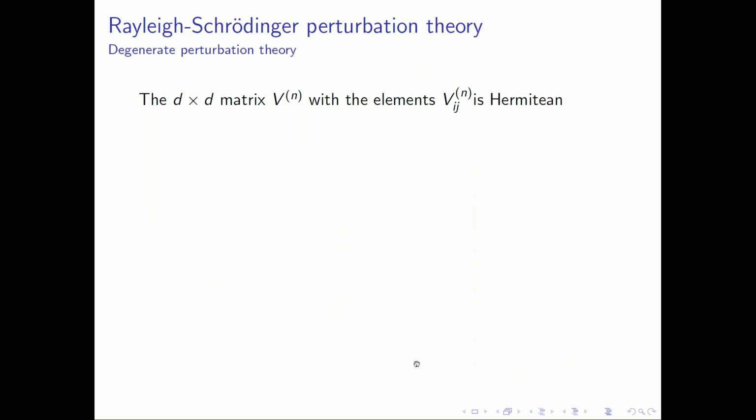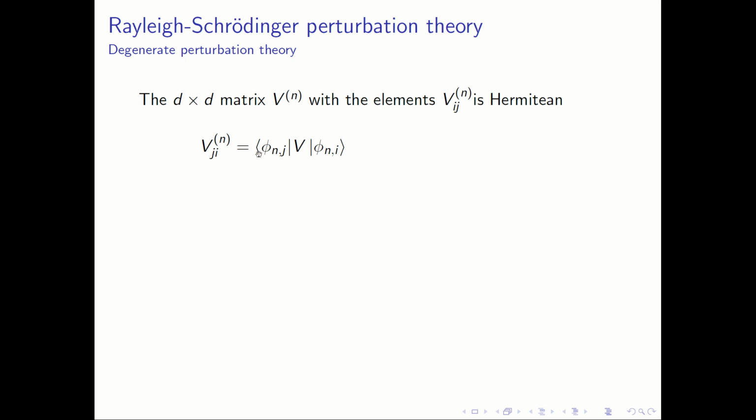Now one important thing that helps us here is that this d by d matrix Vn, whose elements are these Vn ij's, is a Hermitian matrix. The proof is actually very simple. You just start with the jith element. Remember, for a Hermitian matrix, it has to be equal to its Hermitian adjoint, which means the jith element has to be the conjugate of the ijth element.